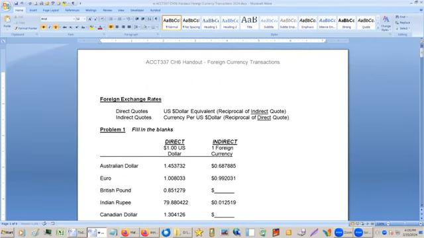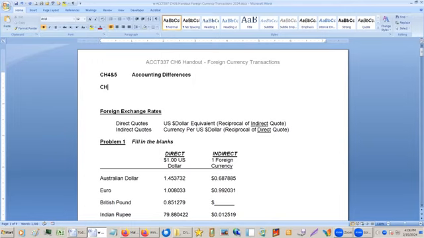Just to put some context to this, chapters 4 and 5 are on accounting differences, and chapters 6 and 7 will be on foreign currency translation, transactions and translations.